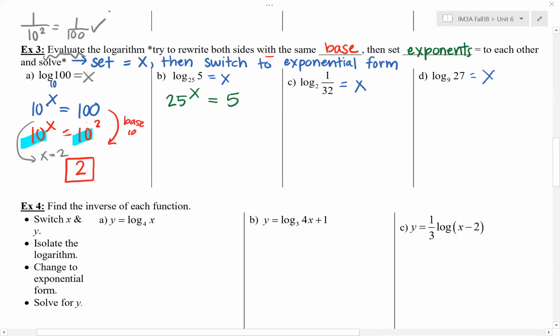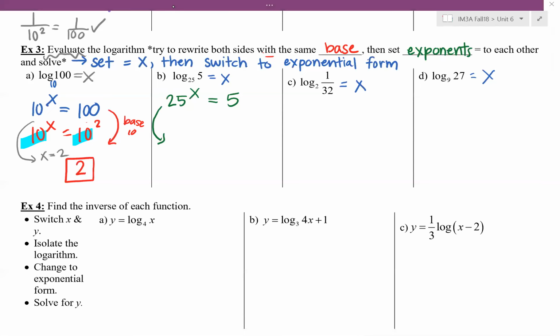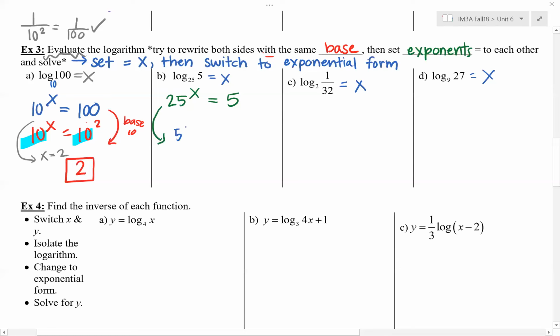So I might have to rewrite 25, right? So I always want to kind of rewrite that bigger base as a power of the smaller base if I can, okay? So if I'm looking at this, 25 is a power of 5. I know that 25 is 5 squared, okay? So I'm going to rewrite that 25 as 5 squared.